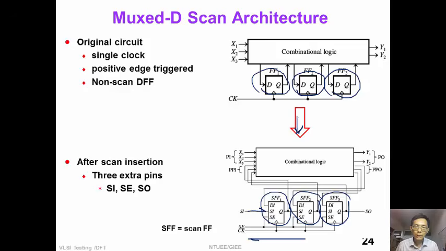Also, we stitched them into a single scan chain. Output of Q is connected to the scan input of the next flip-flop. This circuit has 3 extra pins: scan enable, scan input, and also scan out.